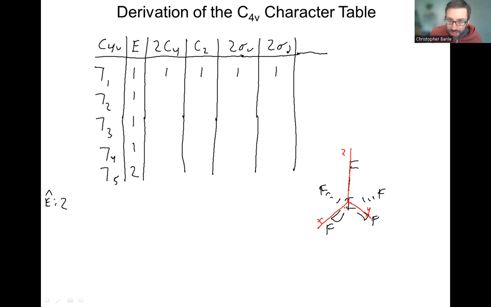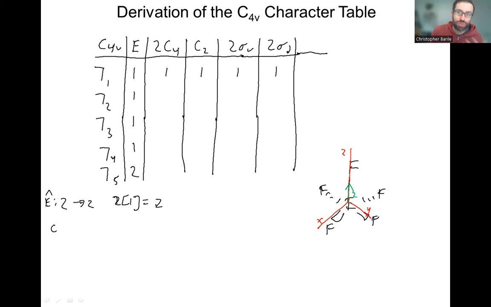It'll all work out. Doesn't matter. But right now we're thinking about a little z vector. And so what happens when we do these different symmetry operations on z? Well, when we do an identity on anything, it stays the same. And so the character of this, there's a 1-by-1 matrix that writes this out, right?